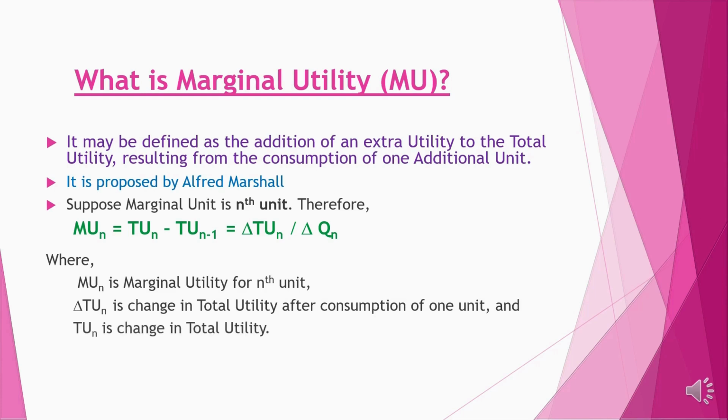This formula says that if a consumer is consuming n units of any commodity or goods, then marginal utility after consumption of the nth unit is equal to total utility after consumption of n units minus total utility just before consumption of the nth unit of the commodity, which further equals the smallest change in total utility after consumption of the nth unit divided by the change in quantity of the commodity after adding the nth unit.